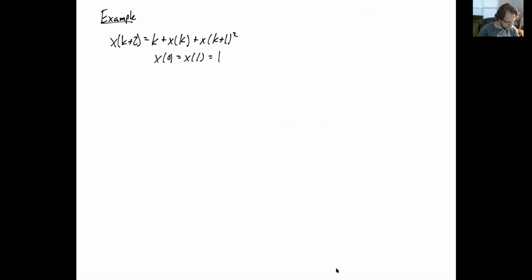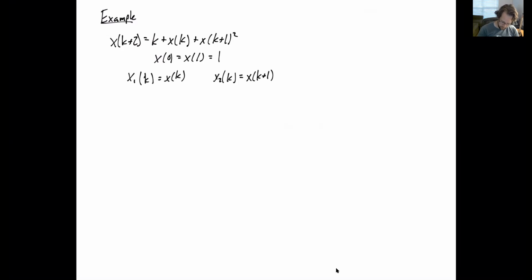All right. So now what do we do? Well, let's define our x sub 1 and our x sub 2. Our x sub 1 of k is equal to x of k, and our x sub 2 of k is equal to x of k plus 1.